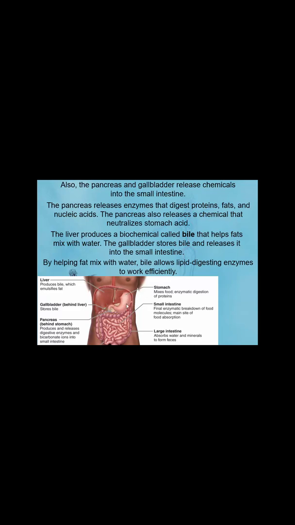Stomach is for mixing. Small intestine is final breakdown and absorption of nutrients. Pancreas produces multiple types of digestive enzymes and also is involved with certain cells producing glucagon and insulin to balance your blood sugar levels. Large intestine absorbs water and minerals to form feces.